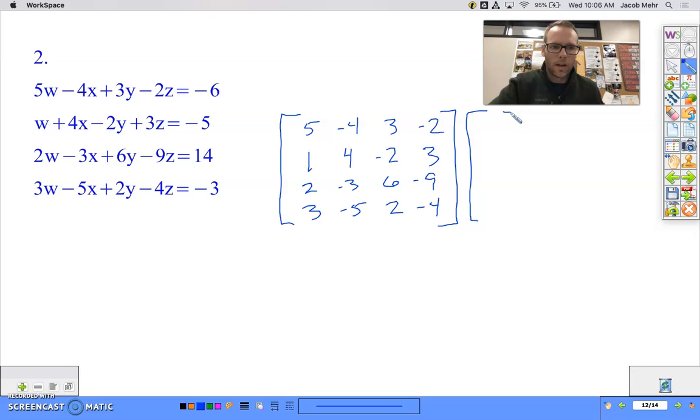Then we multiply our coefficient matrix times our variable matrix, which is W, X, Y, Z. Now, remember how matrix multiplication works. We take row times column: 5 times W plus -4 times X plus 3 times Y plus -2 times Z. That's this side.